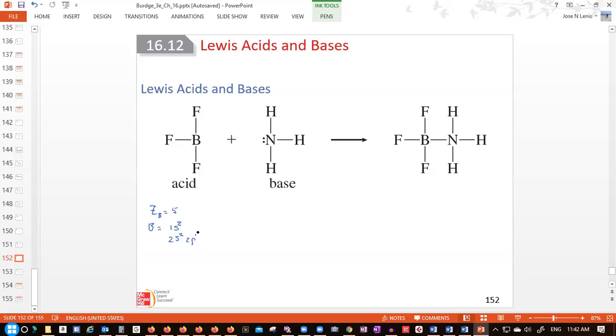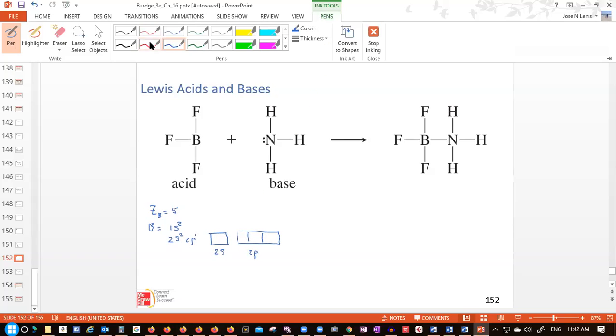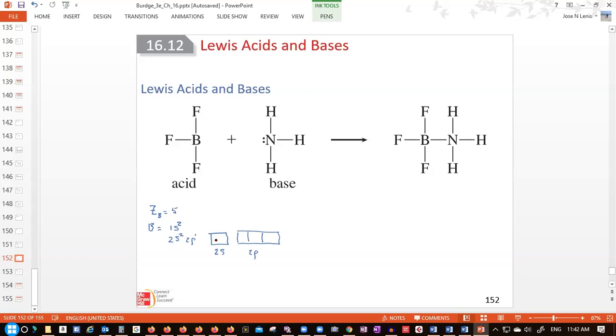For the outermost energy level, we have 2s and 2p. Two electrons here in 2s2 and 1 electron here.